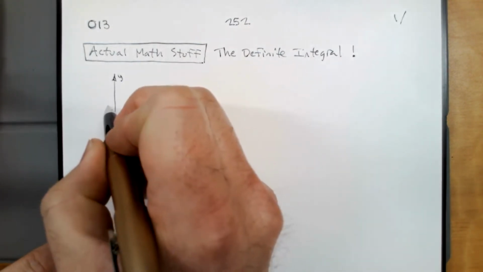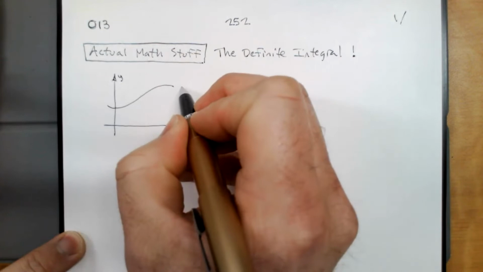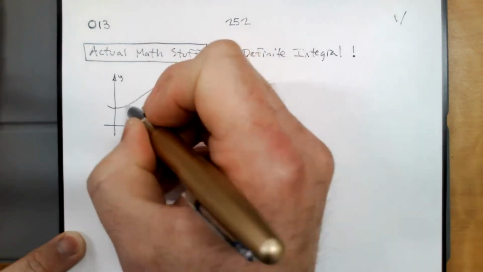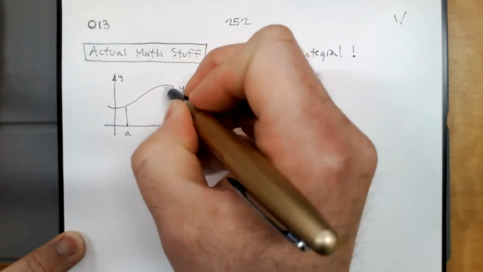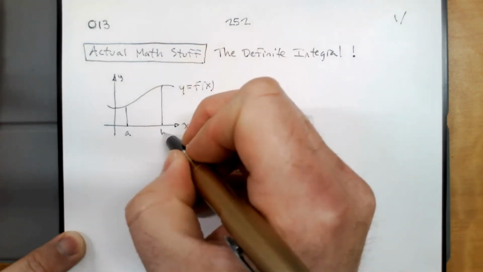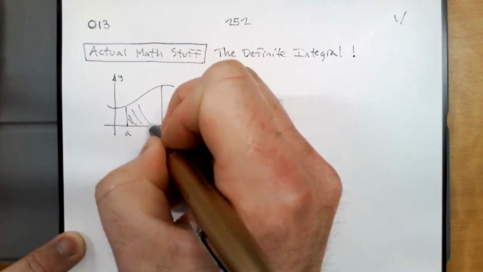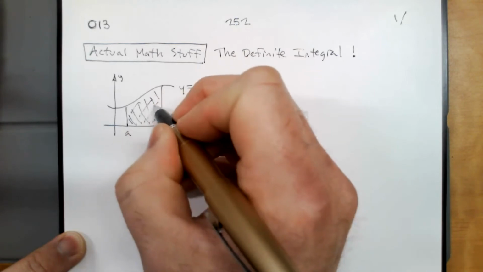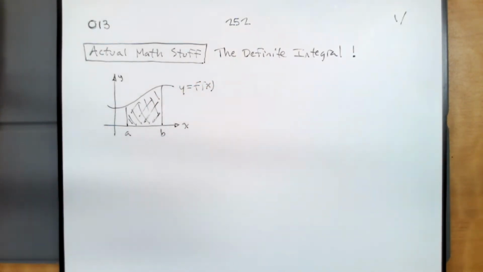We know that one of the questions that we ask in math, in calculus, one of the big questions in calculus, is to ask: what is the area under a curve and above an interval?